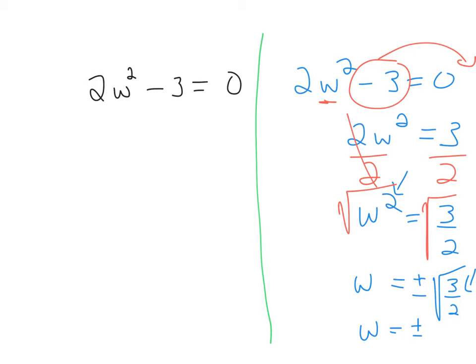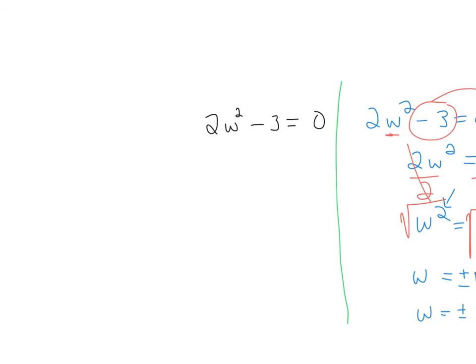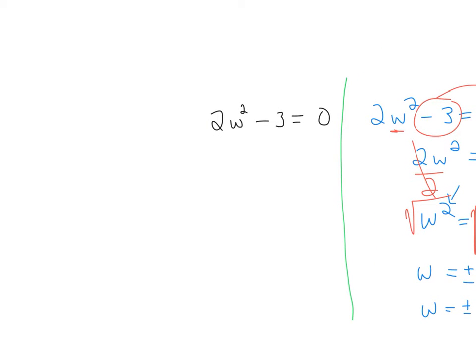But let's assume you're faced with a question where you are asked to use the quadratic formula specifically to solve a quadratic equation. How would you go about this? So I'm just going to make this a little bit smaller, and I'm going to remind you what the quadratic formula is. Now in this case, my variable is w, and so I'm going to use w as my starting variable.